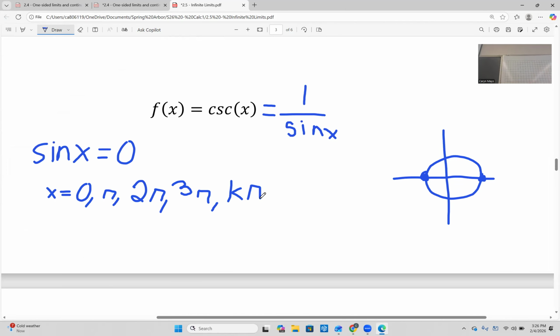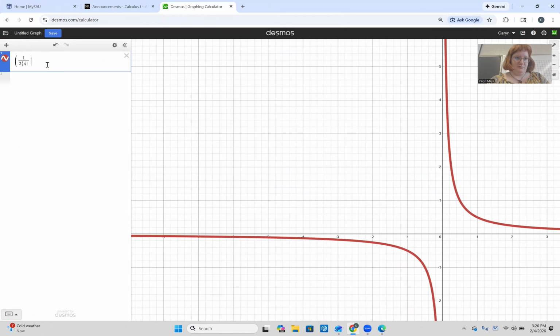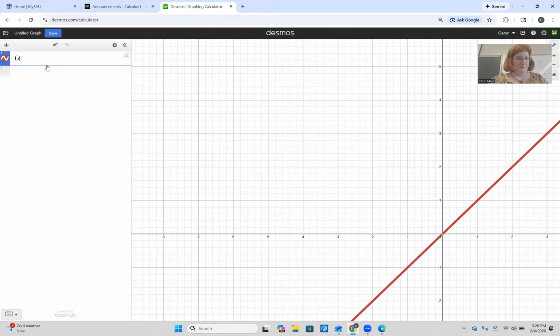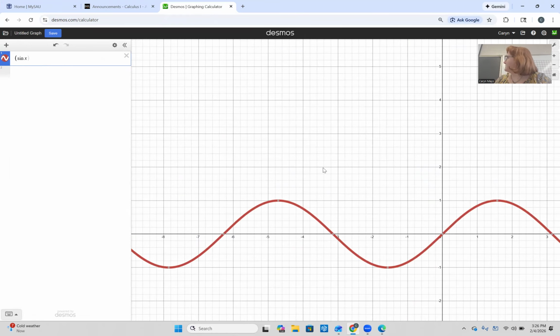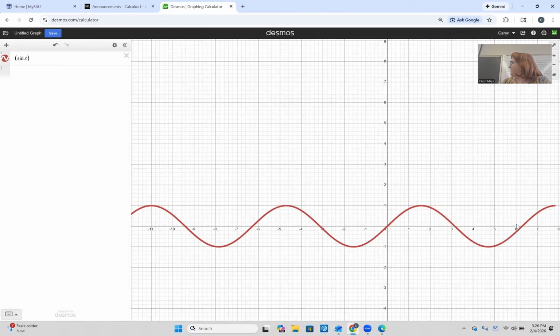These are all non-removable. You can't cancel it out in any way. So these will all be vertical asymptotes. So I want to look at the graph of sine of x. There's sine of x. Here sine of x is 0. 3.14 is approximately pi. 2 pi is 6.28.